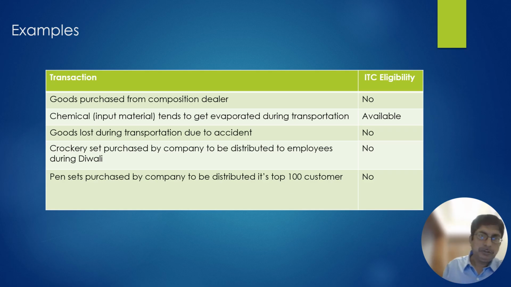Second last example, a crockery set purchased by the company to be distributed to its employees during Diwali. It is a gift. GST credit is not available on the purchase of those crockery sets. A pen set purchased by the company to be distributed to its top 100 customers is also a gift. GST credit is not available in this case.